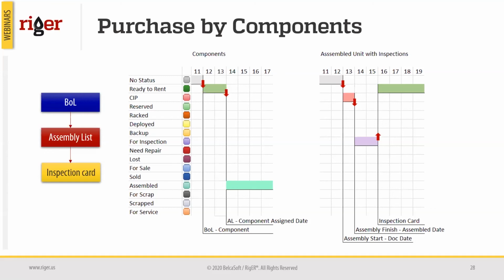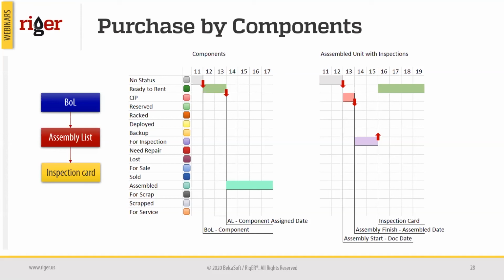If we talk about the assembled unit, when we decide that we will assemble the unit, from the assembly start date, the document date, the unit becomes CIP status. When we finish assembly and we have an inspection card, it will be in inspection status. After the inspection card, it will be ready to rent.